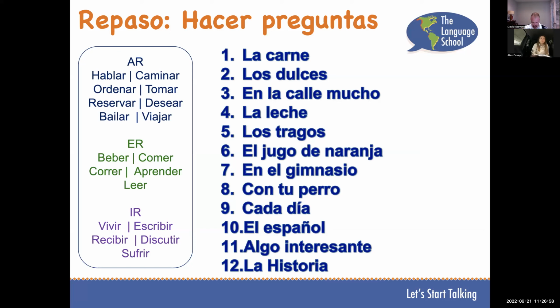Tragos. ¿Deseas los tragos? Sí, deseo los tragos. ¿Ordenas el jugo de naranja? Sí, ordeno el jugo de naranja con el desayuno. ¿Caminas en el gimnasio? Sí, camino en el gimnasio.